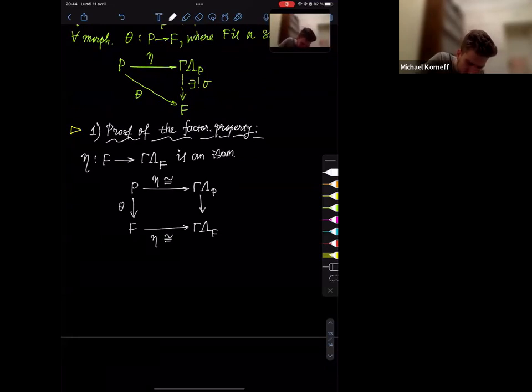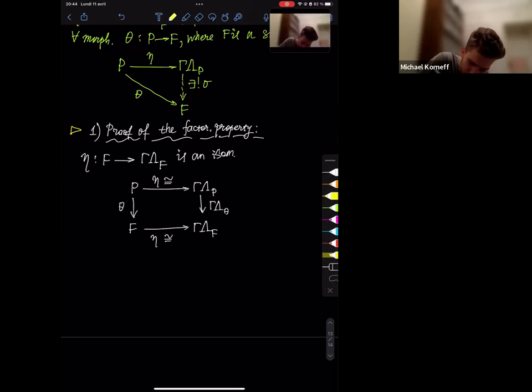And here we have a natural transformation like this. And then there exists the map sigma such that this triangle commutes.